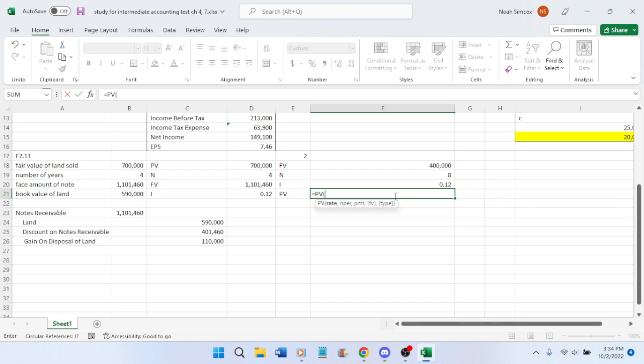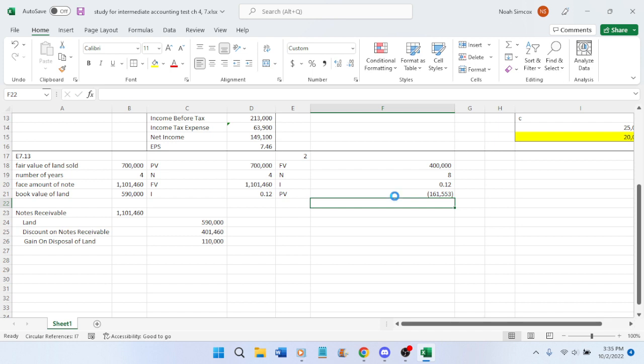Because watch. Rate is 0.12. 8. 0. Future value is 400. So now we have 161,553, which was, I'm pretty sure, the right answer.